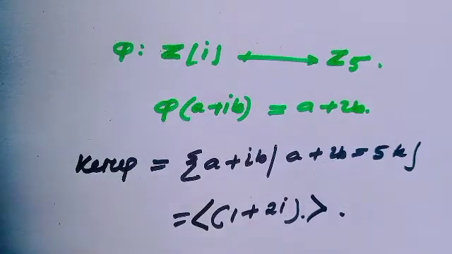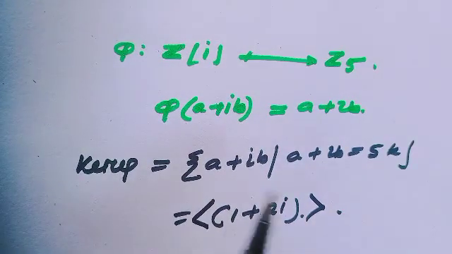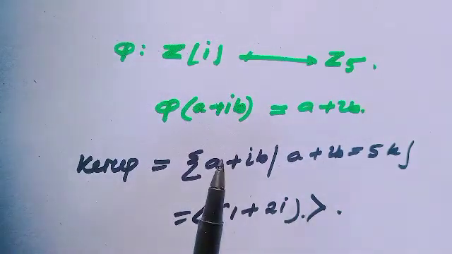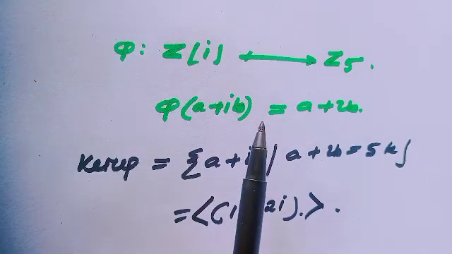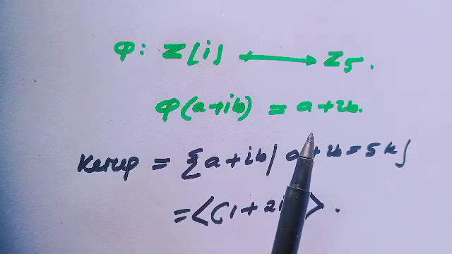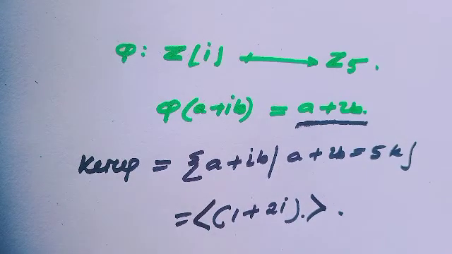Now consider a mapping phi from Z[i] to Z5, where Z[i] means just the Gaussian integers, and the mapping is phi from Z[i] to Z5 such that phi of A plus iB equals, since in this quotient ring i equals 2, that means this mapping looks like A plus 2B.